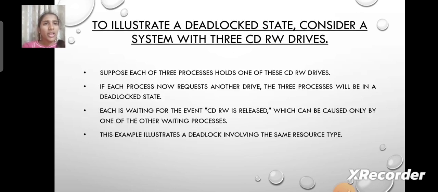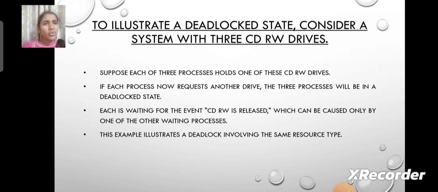To illustrate a deadlocked state, consider a system with 3 CD-RW drives. Suppose each of 3 processes holds one of these CD-RW drives. If each process now requests another drive, the 3 processes will be in a deadlock state.